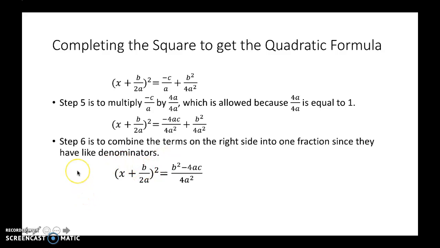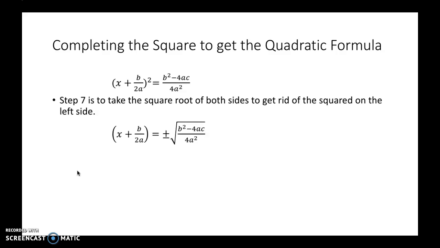By combining the terms, we get x plus b over 2a quantity squared is equal to b squared minus 4ac all over 4a squared. And then to get rid of the square on the left side, we take the square root of both sides, so that it is now x plus b over 2a is equal to plus or minus the square root of b squared minus 4ac all over 4a squared.